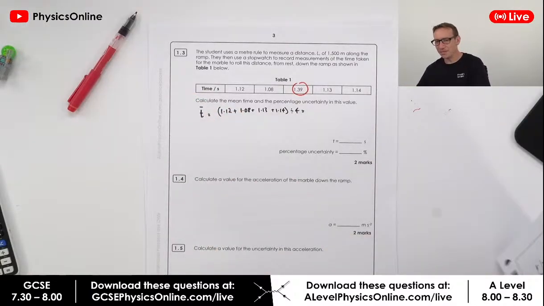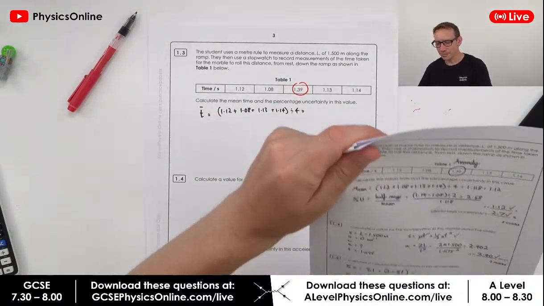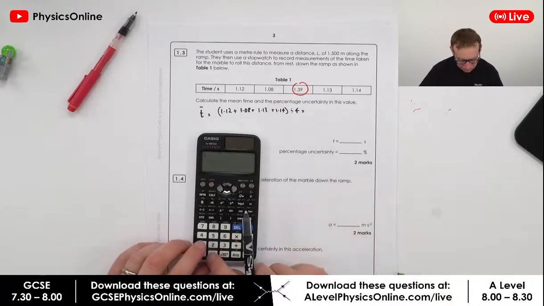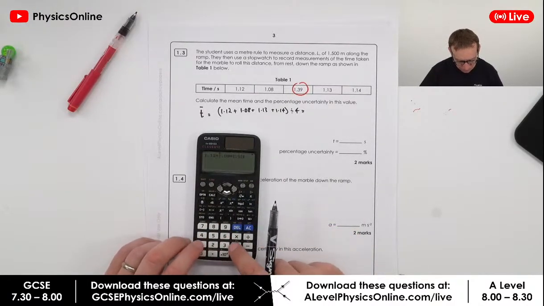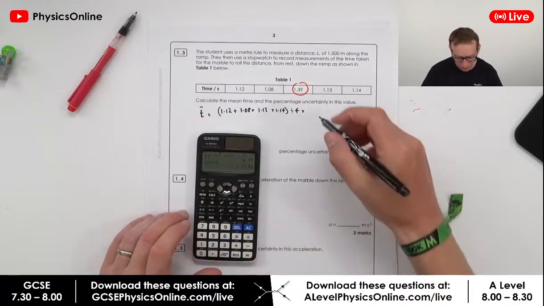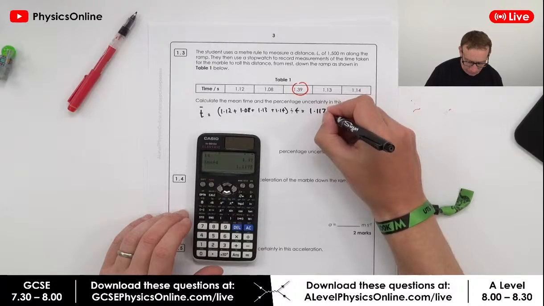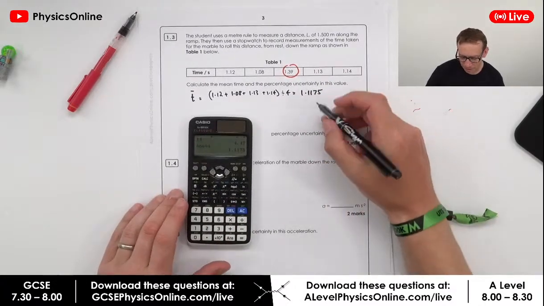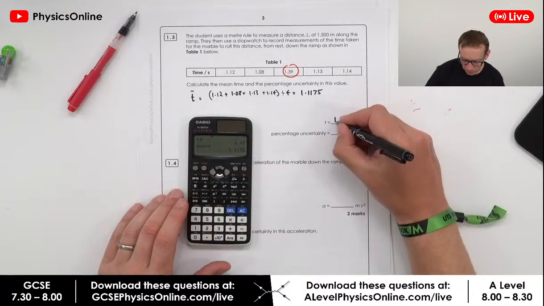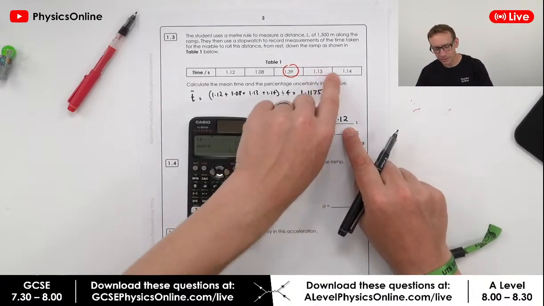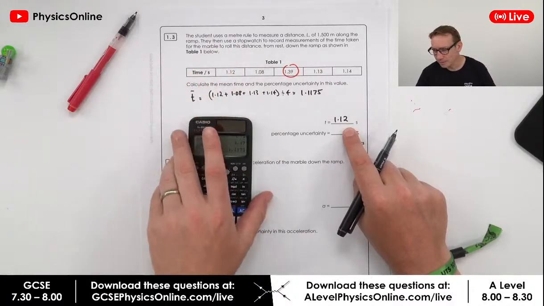Okay, so if you do that, we get an answer. Let's see, 1.12 plus 1.08 plus 1.13 plus 1.14 divided by 4 is equal to 1.1175. So I would say my mean time is going to be about 1.12. I've kept that to the same number of significant figures as we have in the data in the table.